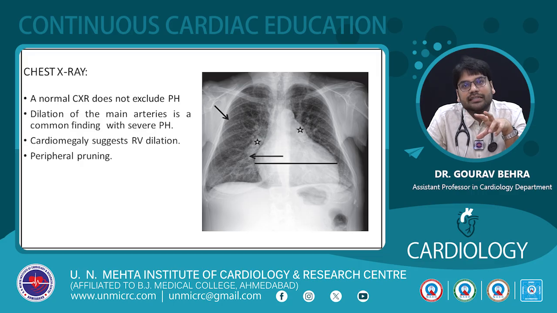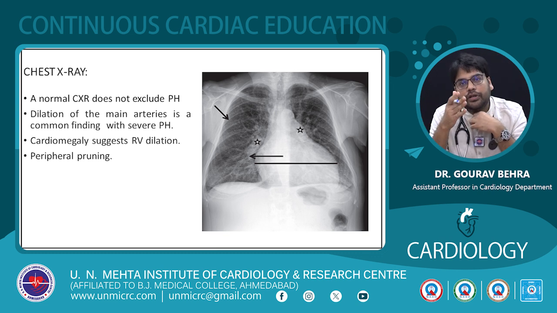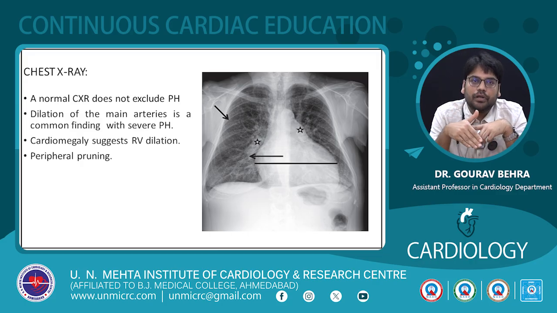Most important, you can see the star mark on the right side. Dilatation of the main pulmonary artery is a common finding with severe PH. Cardiomegaly suggests RV dilatation. We all know that cardiomegaly is usually assessed by the cardiothoracic ratio. Also important is peripheral pruning. Peripheral pruning means loss of pulmonary vasculature in the lateral one-third of the pulmonary bed, an absence of pulmonary vasculature.